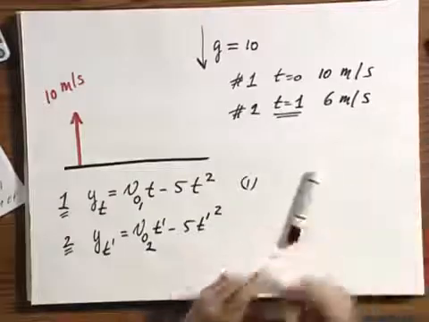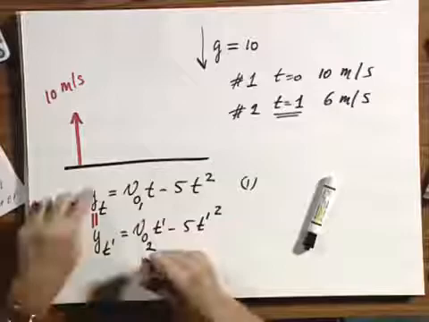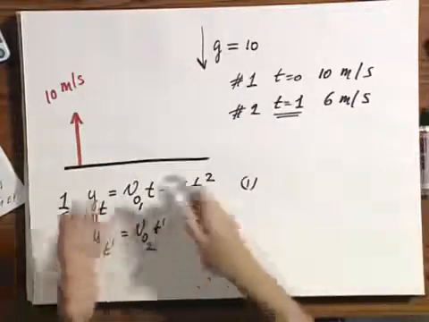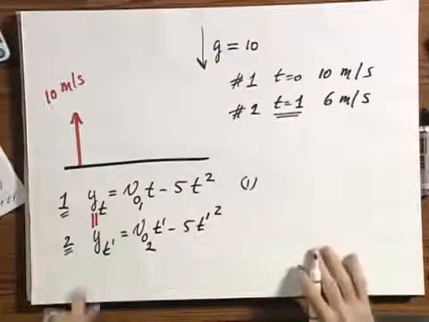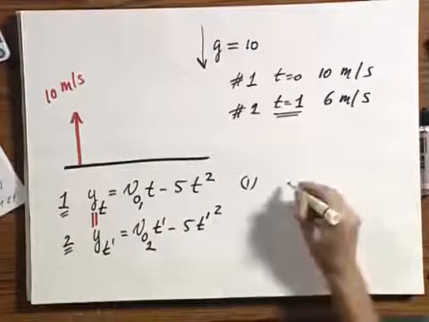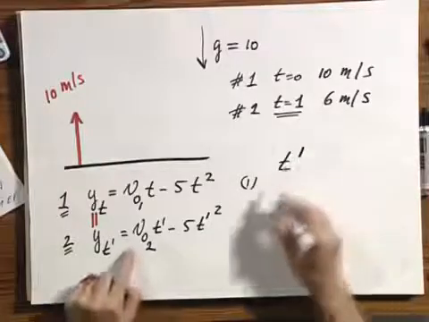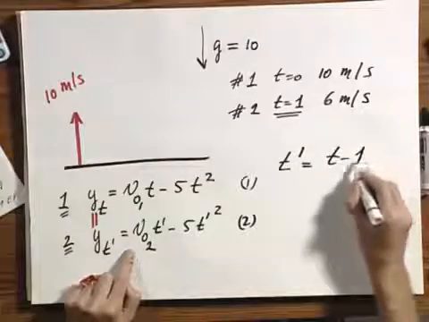These objects will be at the same position when the height above the ground is the same. Of course, it may never happen. There may not even be a solution. Now comes the key thing that you have to recognize. You have to substitute in equation number 2 that t' equals t minus 1.